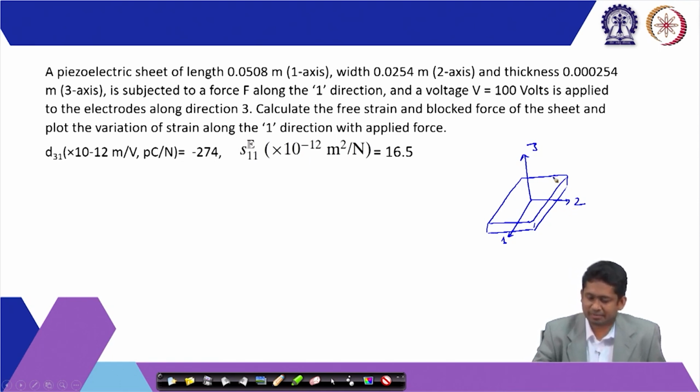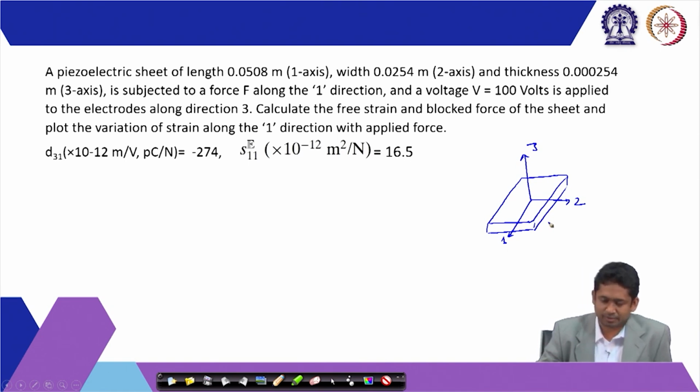The dimensions are given along all the directions, and it has electrodes along direction 3 at this surface and at the opposite surface, and a voltage of 100 volts is applied along that. So, we have to calculate the free strain and block force, and find the variation of the strain along direction 1 with the applied force.